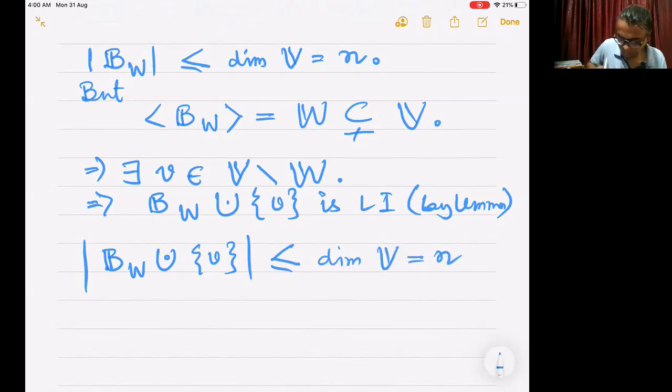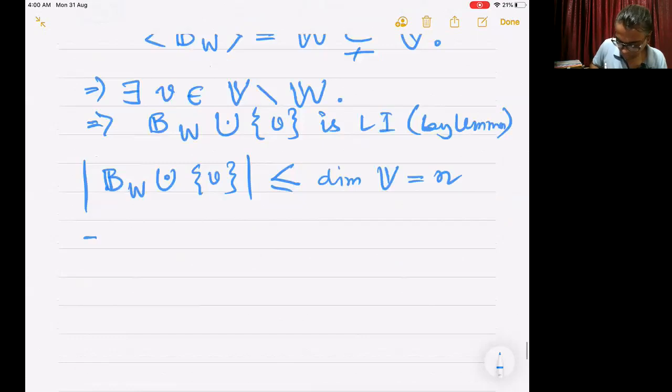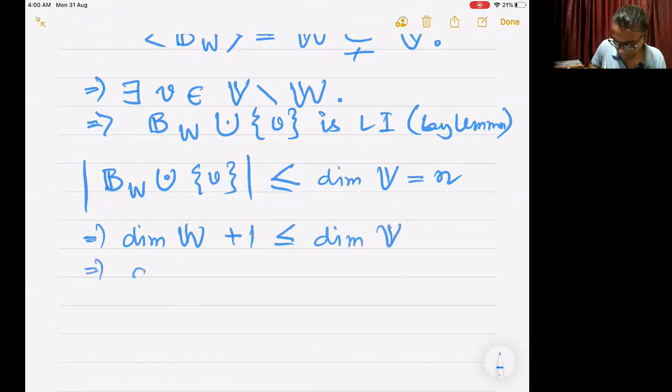But what is this? The cardinality of BW is the dimension of W. There is one extra vector, so dimension of W plus 1 is less than or equal to dimension of V. So of course this implies dimension of W is strictly less than dimension of V.